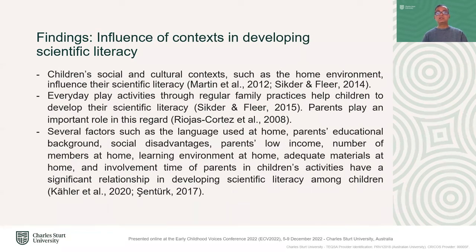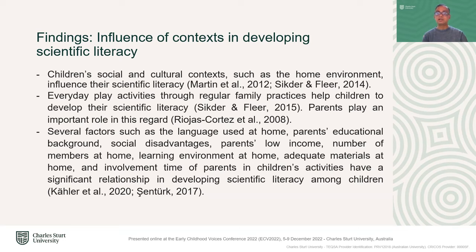From the literature, it is evident that there is a relationship between children's social and cultural context and their development of scientific literacy. For instance, children's home and institutional learning environments determine how they develop their scientific literacy. Studies found that everyday play activities at home help them to develop their scientific literacy, and parents play an important role.